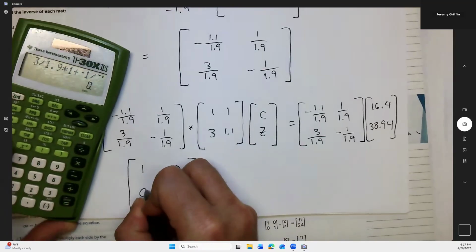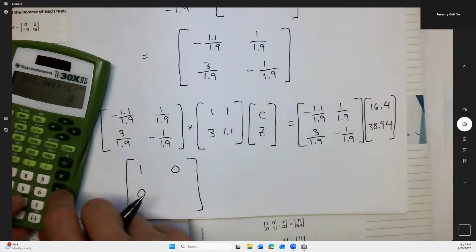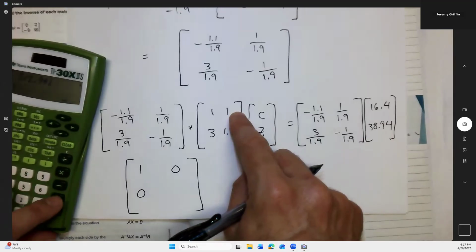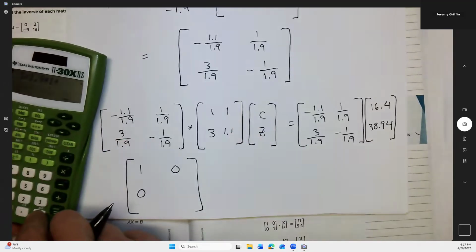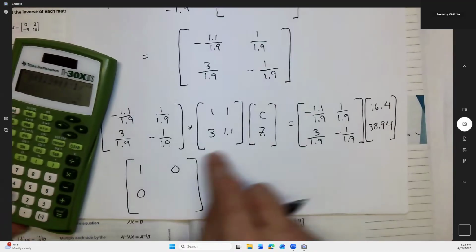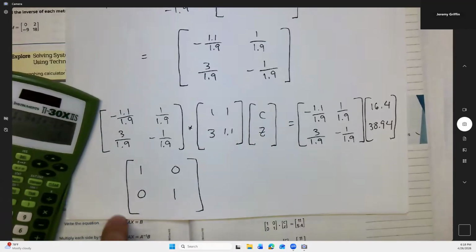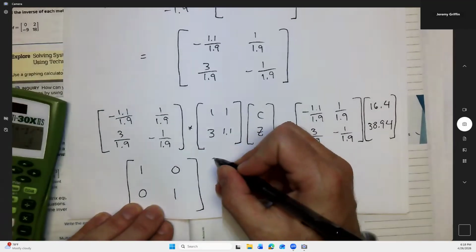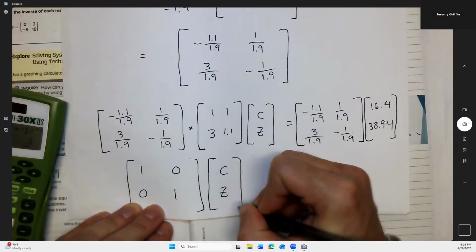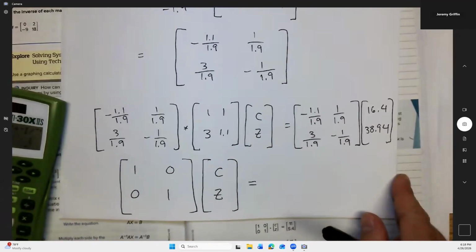That also gives me 0. Okay, we're good. And then finally, 3/9 times this one over here, plus negative 1/9 times 1. Yep, it definitely gave me the identity matrix. This is exactly what I was looking for. It just means I haven't made any mistakes in this process. So you can treat everything on the left side of the equation as just C and Z. How about over here?